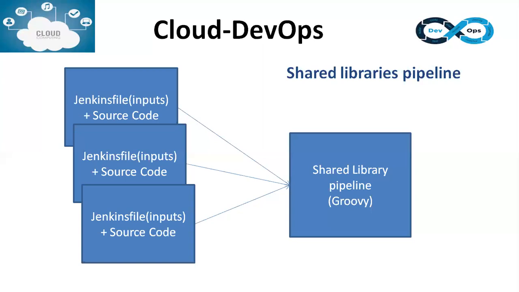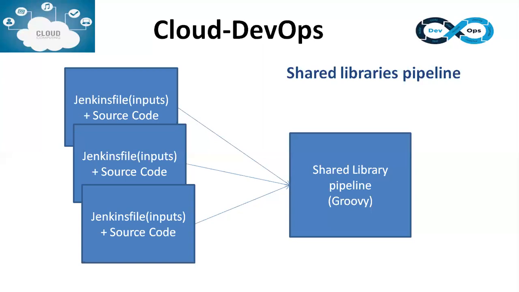So you can write shared libraries very basic, using some declarative or scripted code, or you can make them a bit more complex according to your project. It all depends on how you want to design the pipeline for your project.